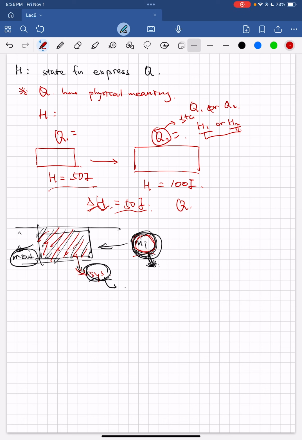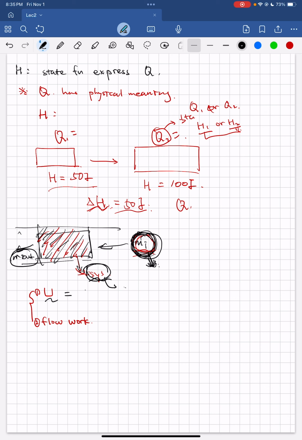So, when a particle comes in, this Mi is coming in, then it's gonna give two energies to the system. First is internal energy, second is flow work. Now internal energy, this is simple, right? Because of course if this particle comes in, the internal energy of this particle is going to merge into the system.